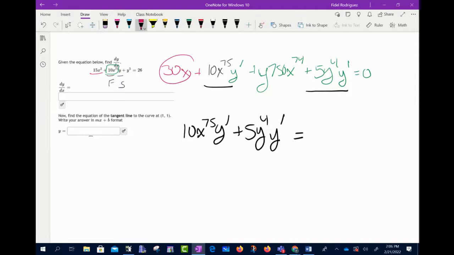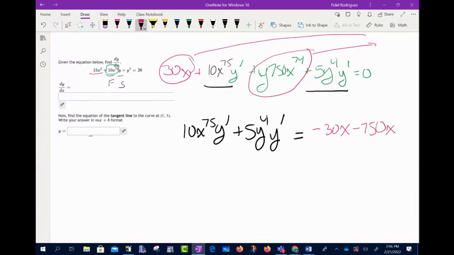So this 30x to the 6th and this 750x to the 74th with a y, they're both going to move across. So that'll leave me with a negative 30x and then a negative 750x to the 74th and a y, right? Because I crossed the equal sign, y'all, my signs change.